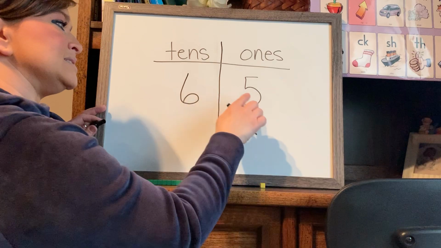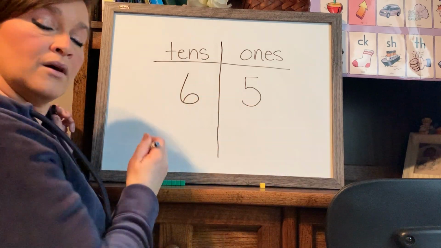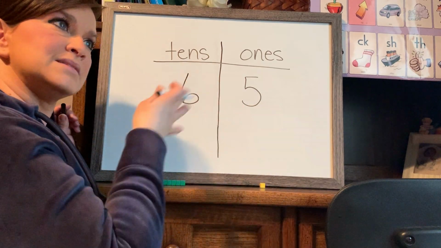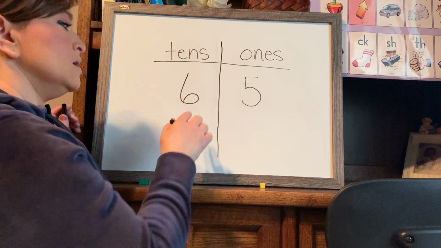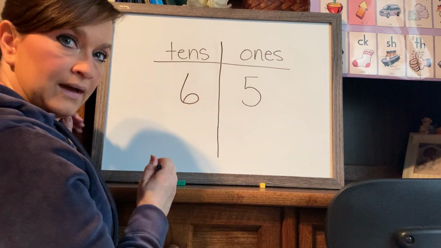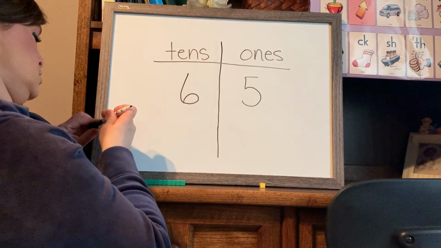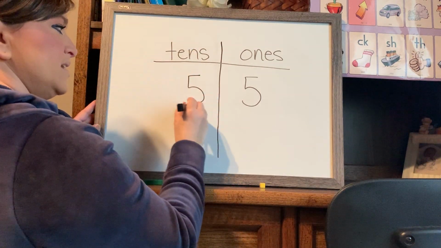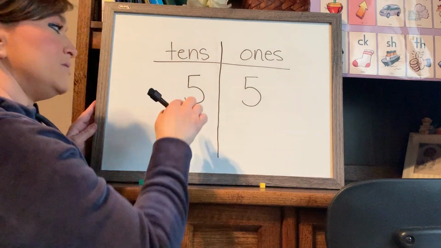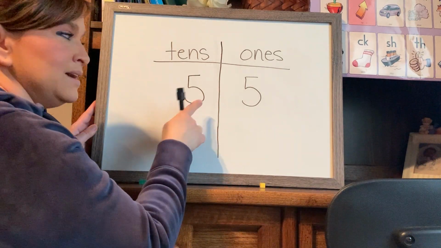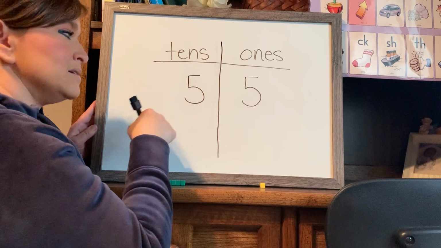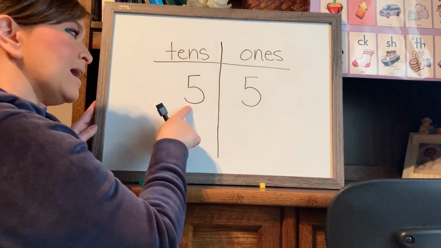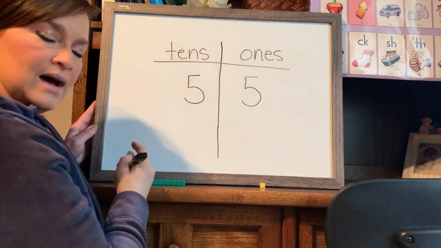Now I have 65. Okay, now if I do 10 less, remember less is takeaway, so we want to go backwards. 65 would go down to 55. Okay, there was a 6 here, and I went backwards, so my 6 went down to a 5. Now I have 55.